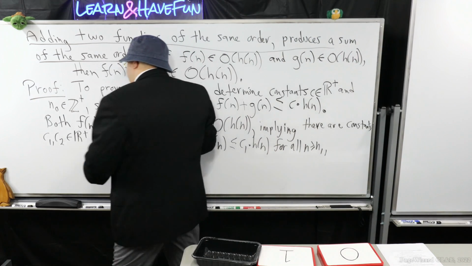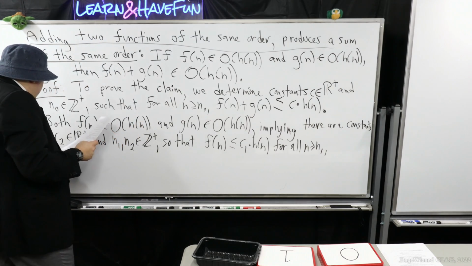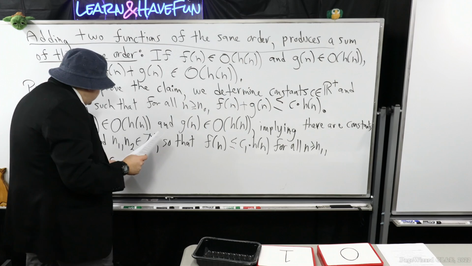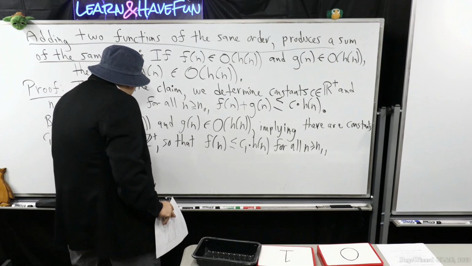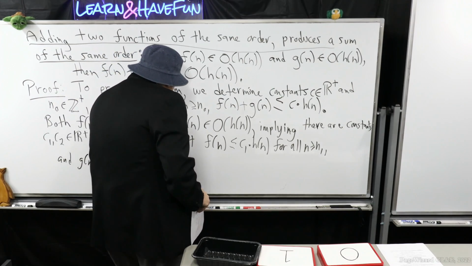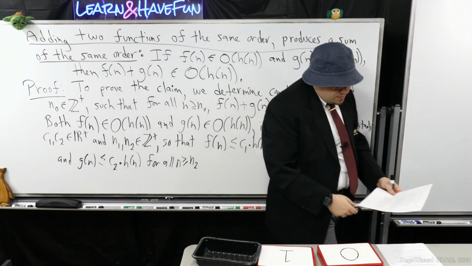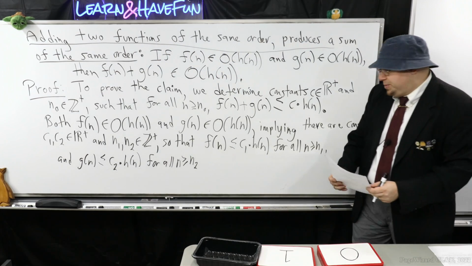And now we have the other one: g of n is less than or equal to c2 times h of n for all n greater or equal to n2. We have both of these at our disposal.